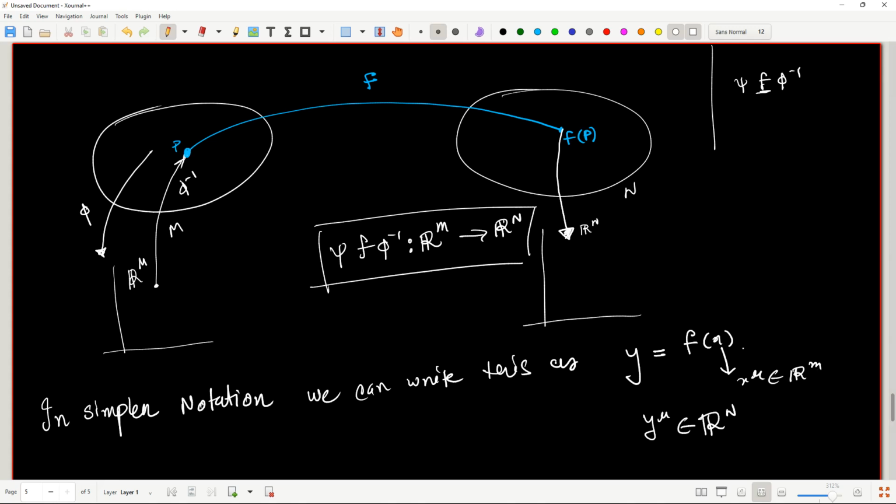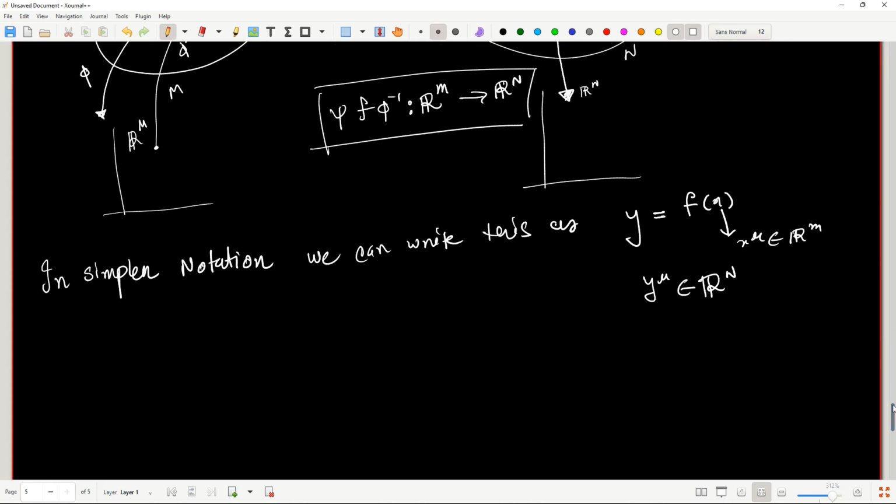Okay, and if this kind of a map, that is y equals f of x, is smooth, or say infinitely differentiable with respect to all the x's, that means all the x that belong to R^m, then we call f differentiable at a point P. So instead of using this simpler notation, you can even write psi f phi inverse, starting from some x, is C infinity.